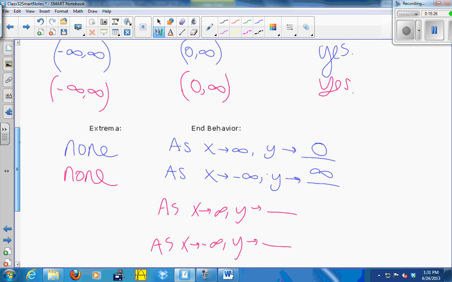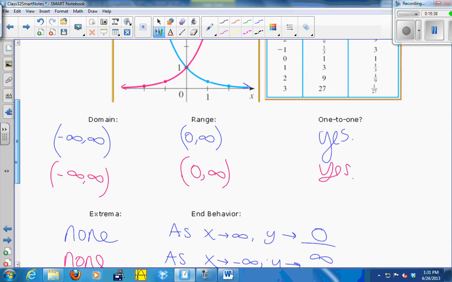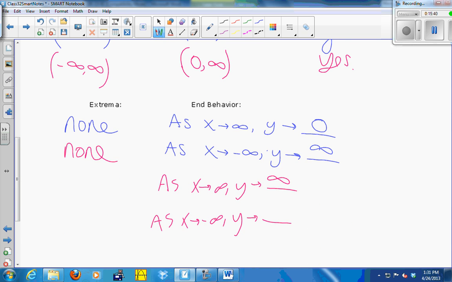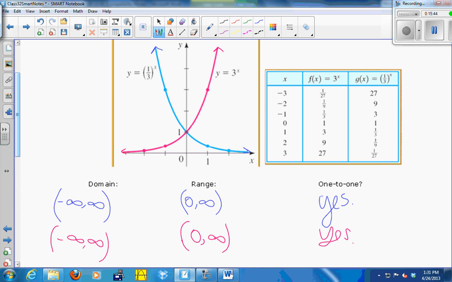So as x goes to positive infinity, what happens to the y values on the pink graph? As x gets big, y also gets big. So this goes to infinity. And as x goes in the other direction, as x heads towards negative infinity, what's happening to my y values? They go to 0.